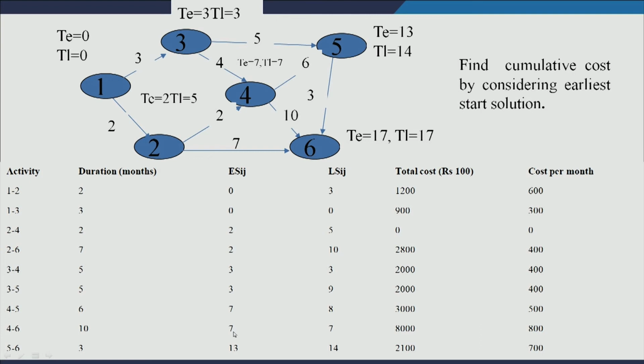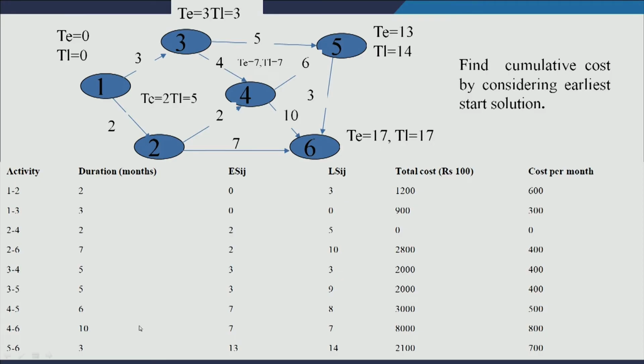Latest start is the latest completion time minus the duration of the activity; it will give you the latest start time. So, 17 minus 10 is 7. So, this is the latest start time. In this way you can calculate earliest start time and latest start time for all the activities.